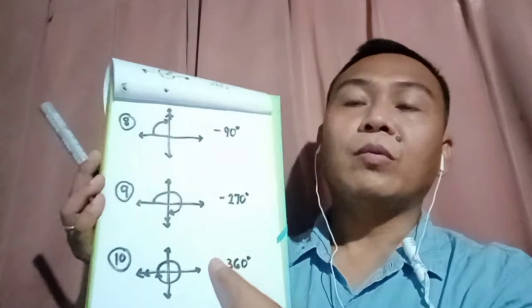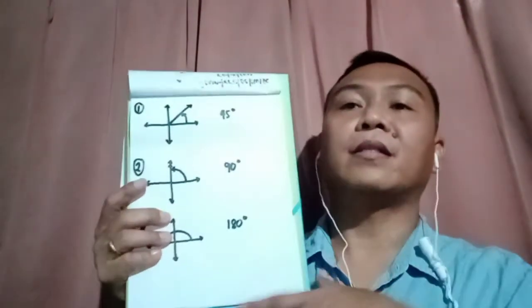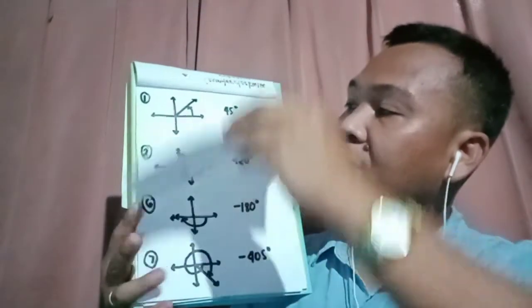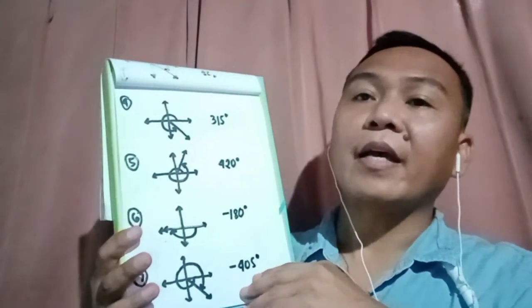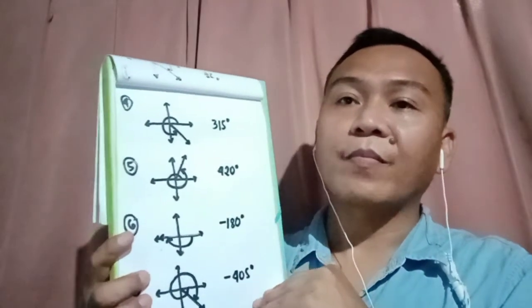If we look back at the other examples, from number 1 to number 7, what can we say about these angles? Take note that the initial side of these angles, from number 1 to number 7, is at the positive x-axis, and all of their vertices are at the origin of the Cartesian coordinate plane.